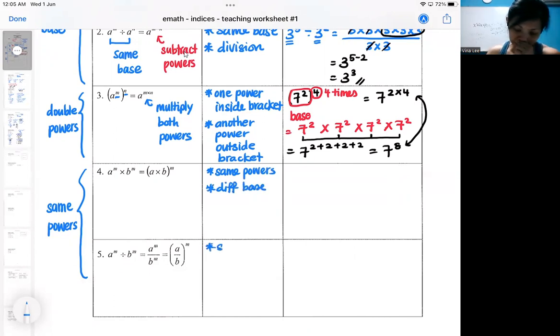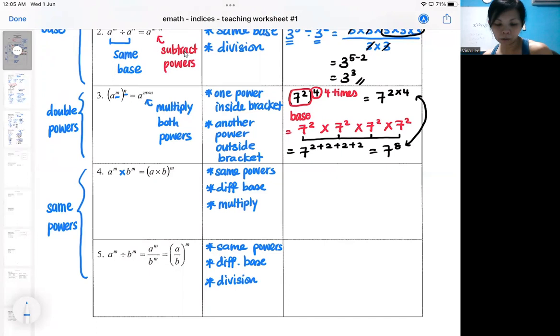So same powers and different bases. But here is for a multiplication. So it is meant for a multiplication. And here, this one is based on a division.